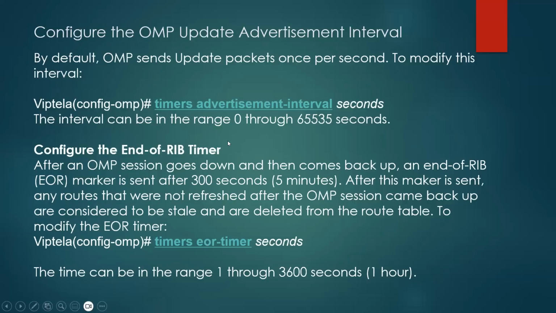That means vSmart tells the edge devices, okay, you were doing good earlier, now I am back. I am sending you end of RIB, means I am sending you a new routing information update, that whatever old entries you have, you flush those old entries and install the new entries, and you can work with the new entries.